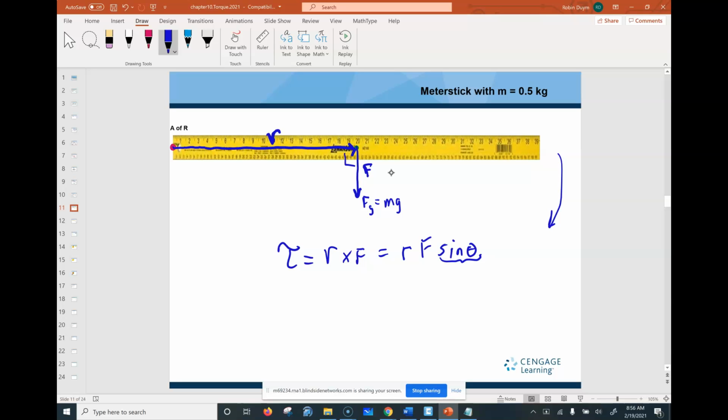You get your maximum torque when they're perpendicular to each other. So at this point, all we have to do is multiply the 0.5 times my R, which is 0.5 meters because it's a whole meter stick, so halfway is 50 centimeters or 0.5 meters. So it's 0.5 times the whole entire force, where the mass is 0.5, and let's use 10 just to make life easier. So your net torque is going to be 2.5 Newton meters.